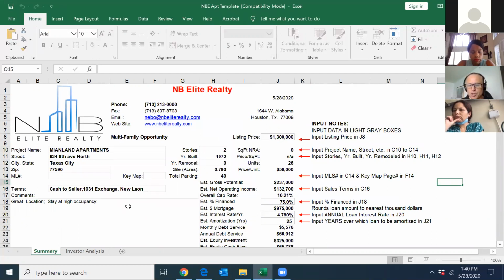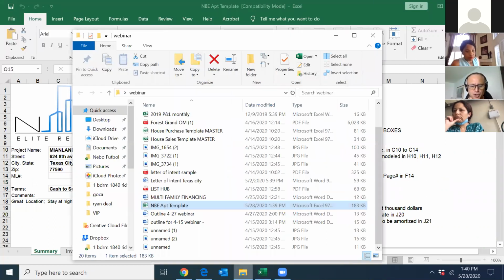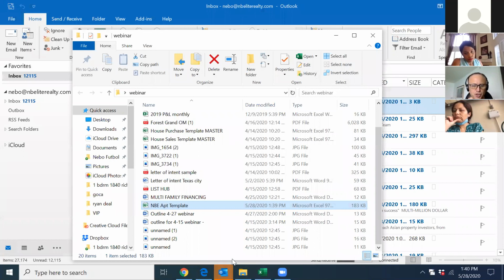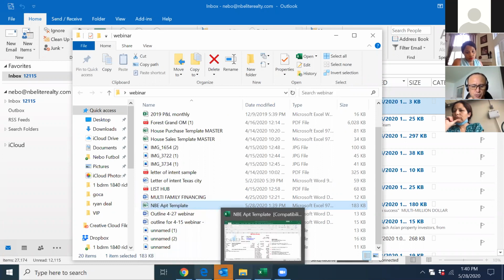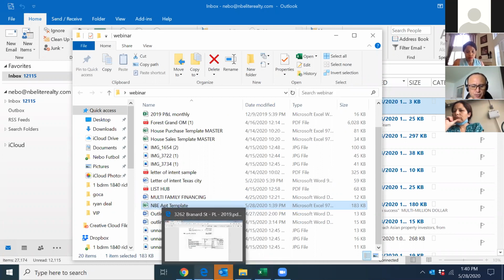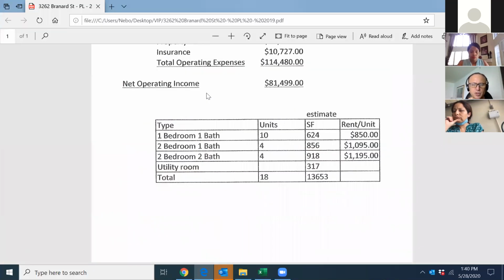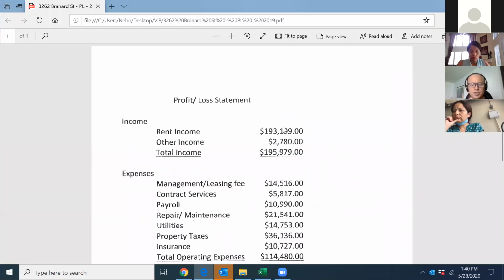Let's start. I'm going to share information I got from another brokerage regarding this deal. This was an off-market deal.